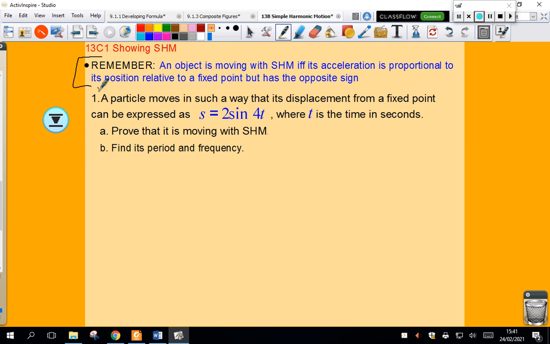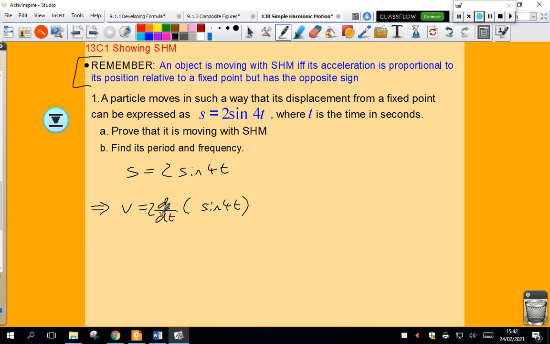So I'm going to find an expression for its acceleration. To do that, I'm going to find the second derivative of displacement. So first of all, we're starting with displacement, which is 2 sine of 4t, where t is the time. The velocity will be the derivative of that. So we're taking the derivative with respect to t of 2 sine 4t. Good practice here is to keep that 2 factored out.